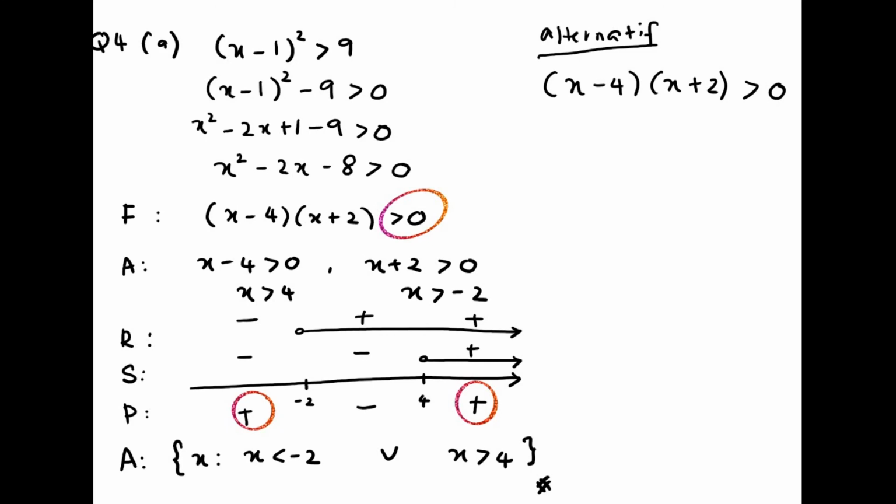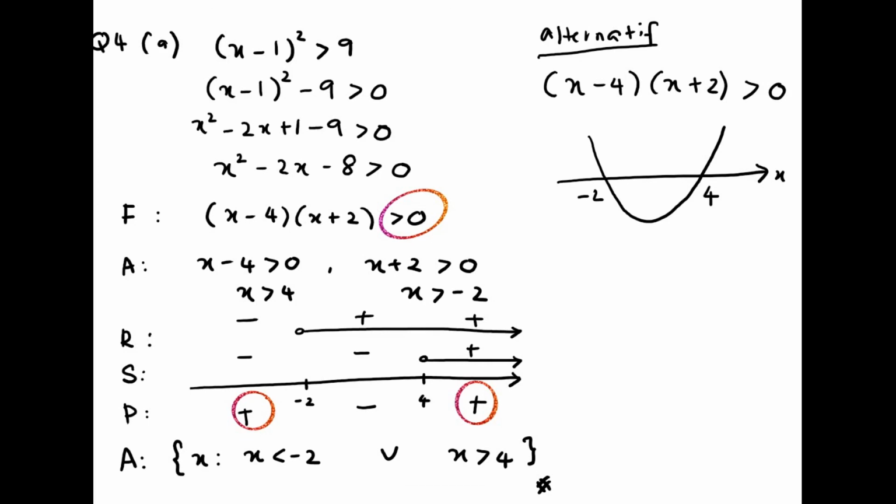Okay, so you usually still remember how to draw the quadratic equation graph, right? So either it is a smile graph or it is a sad graph. So for this equation, you will have a smile graph.